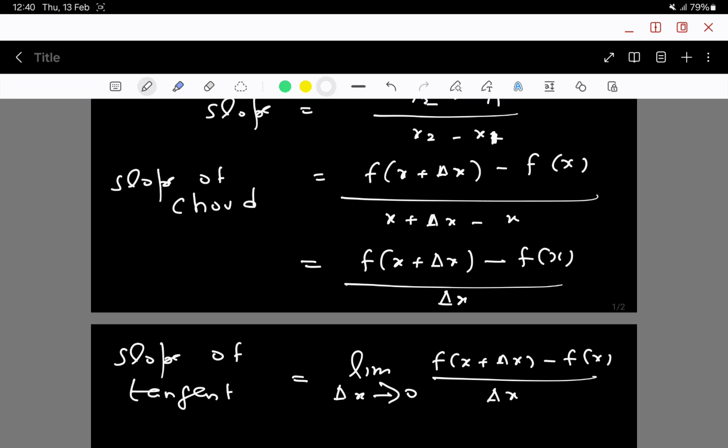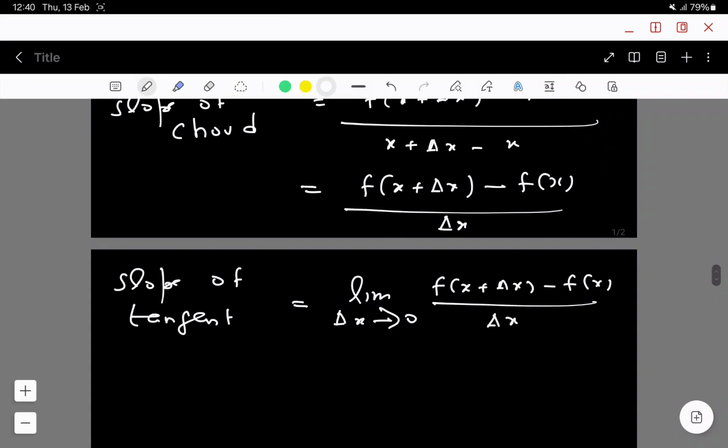The notation of the derivative is d by dx, where d means the derivative of the function with respect to x, limit delta x tends to 0.